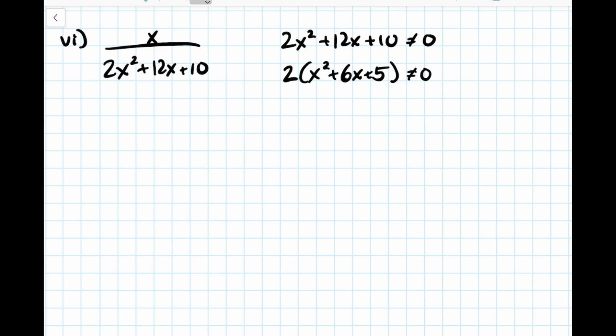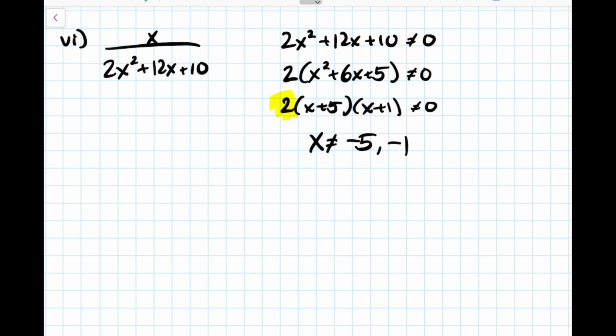And so the 2 is not really going to affect things at this point. If we factor what's in the brackets, that's going to get us x plus 5 and x plus 1. And so our solutions, or rather our NPVs, are that x cannot be negative 5 or negative 1. This 2 is just a 2, right? It's never going to make anything equal to 0 because it's just a 2.